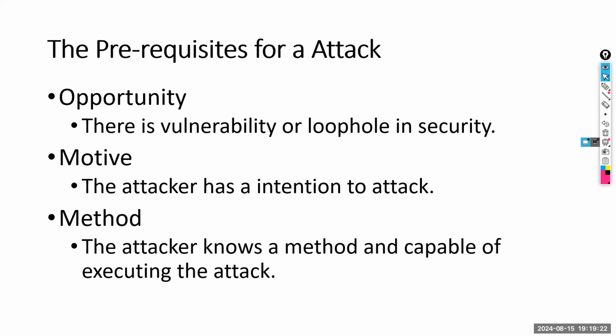And there must be a method. So that is why information security compromise happens. So these people also need to be very talented because they know the methods, possible methods. Okay.